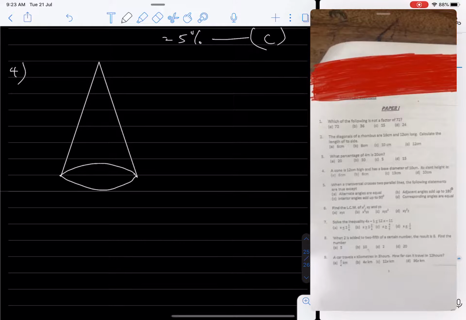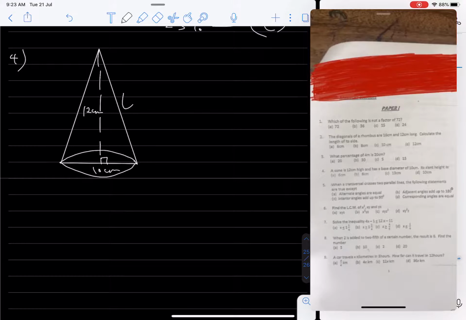It has a base diameter of 10 centimeters. This is the base diameter, 10 centimeters. And it has a height of 12 centimeters. This is the height. When they say height, it means the vertical height. And there's a slant height L, and this is a right angle. They want us to find that slant height.